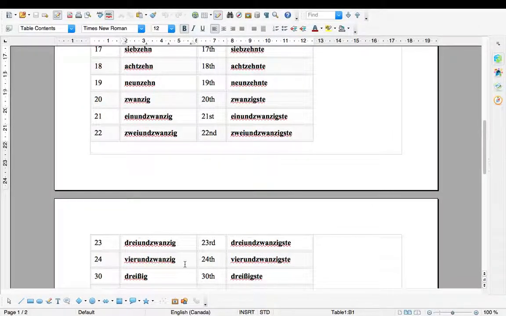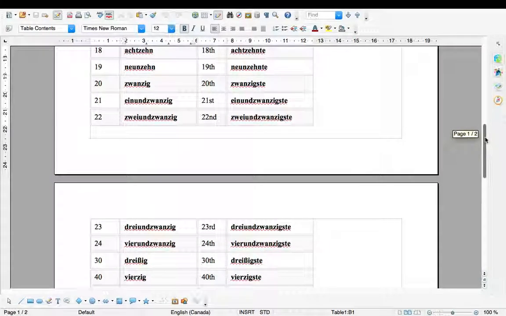So 24, 25, 26, 27, 28, 29, and 30. You see the beta looking alphabet here again, double S, 30.